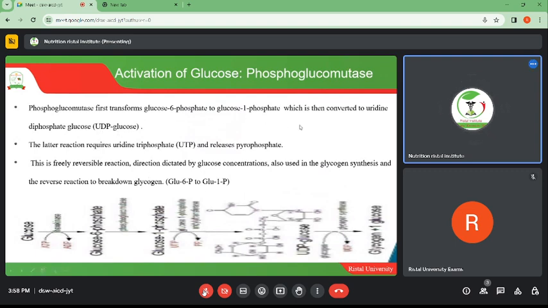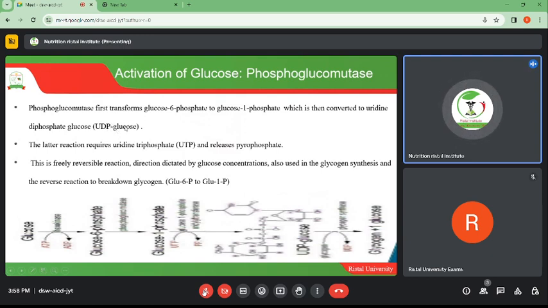To explain briefly, the U is the uridine, DP is diphosphate. In this reaction, when you react UTP with glucose 1 phosphate, the UTP releases one of its phosphates. That's why you have UDP.